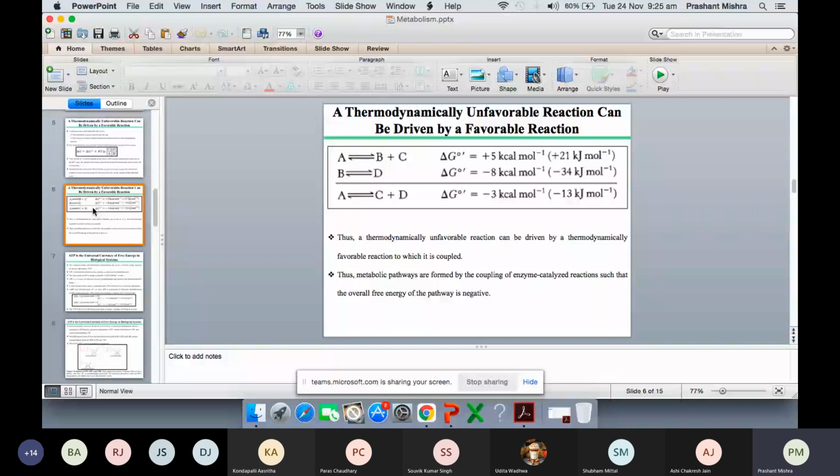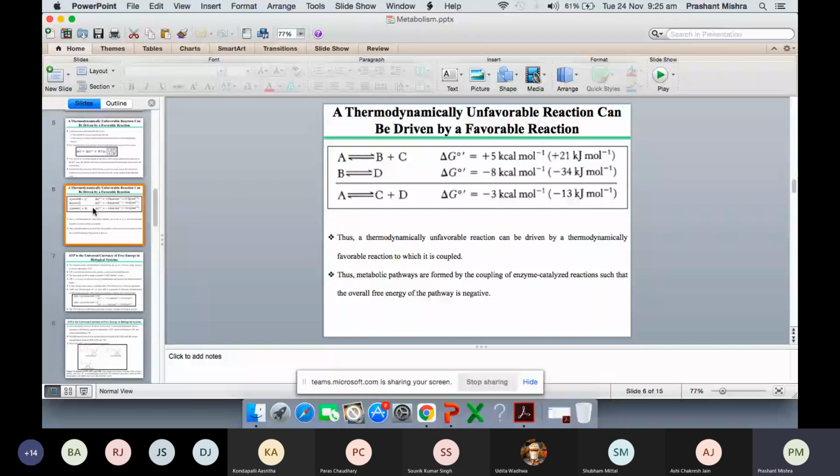That means A should not convert into B and C. But somehow, if B is converted into D and that delta G is negative, and the sum of these two reactions gives us a negative delta G, that means A will be converted into C and D. So this becomes a thermodynamically feasible reaction.